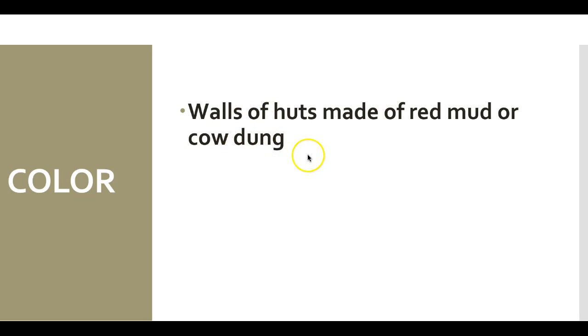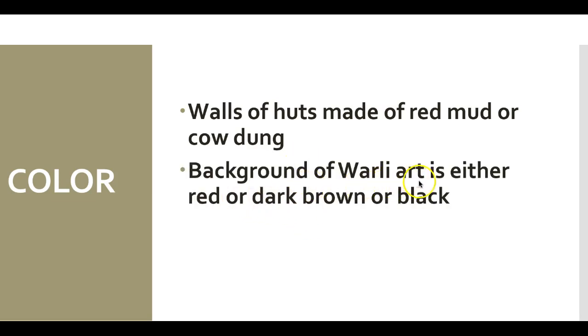Okay, and they are creating the walls because once it hardens, it becomes a solid form, and then it's useful as a wall for ancient India. So the background of Warli art is either red from the red mud or dark brown or black because of the cow dung that was used to make their walls.